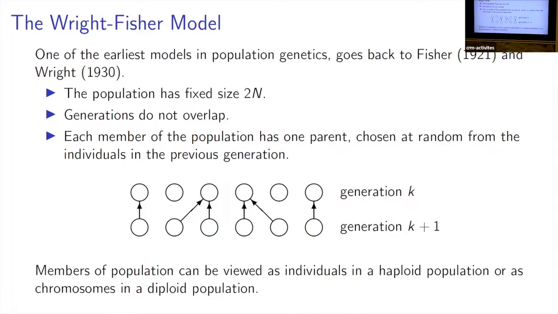However, in diploid populations, chromosomes come in pairs, and individuals inherit one chromosome in each pair from the mother and one chromosome in each pair from the father, so that a particular site on the chromosome really does have just one parent. And therefore, the Wright-Fisher model is relevant for modeling diploid populations as well, as long as we interpret the 2n members of the population as being the 2n chromosomes of n diploid individuals. And in fact, that's why we usually use 2n rather than n for the population size.